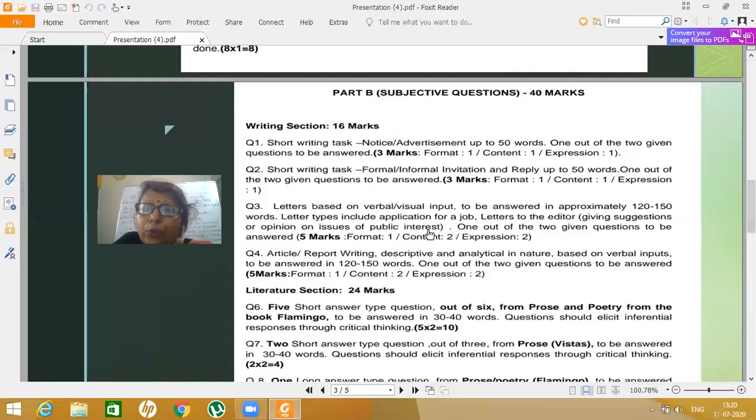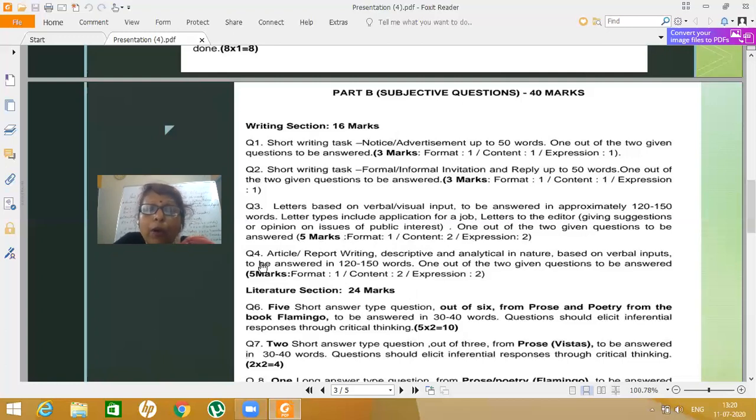Now, out of 2, you have to attempt any one. So, clear, in letters you are getting only letters to the editor and job application. And the marking scheme, it will be 5 marks: format 1, content 2, and expression 2. This is question number 3.